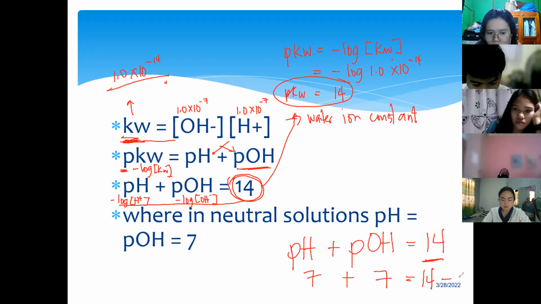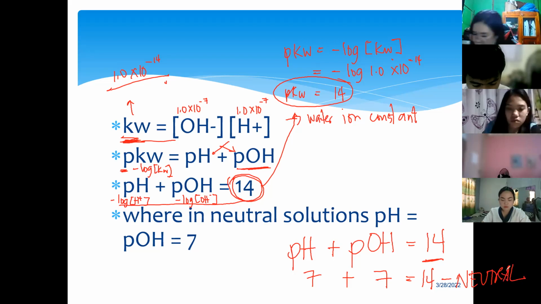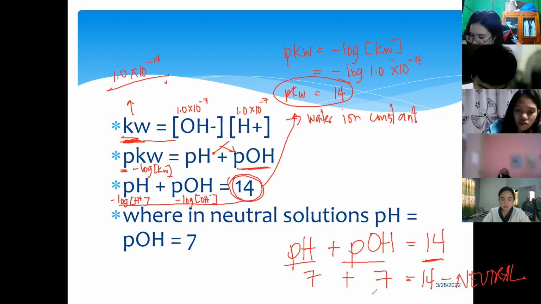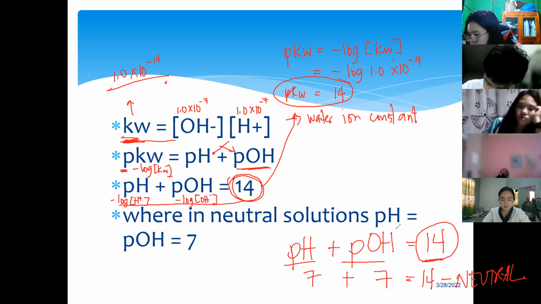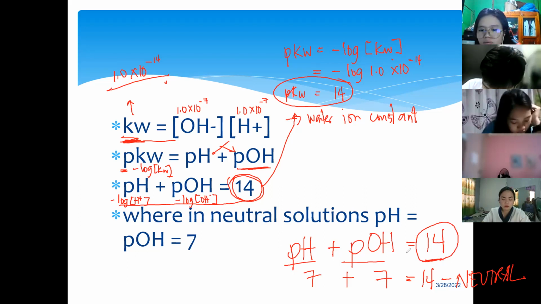This is for the neutral solution. Pero if hindi neutral, class, syempre magbabago yung pH and also the POH. But as long as if we are going to add the two, we will always get the 14. Okay, 14 talaga pag i-add natin yung dalawa.